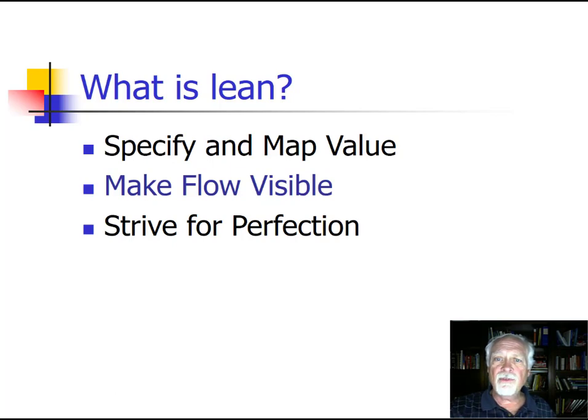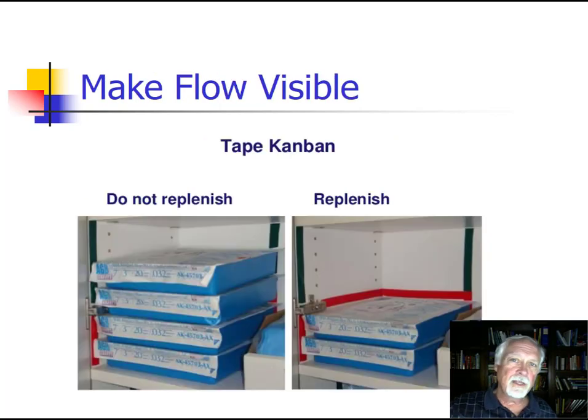Then we make the flow visible. One way that we make flow visible is with Kanbans, where we control the amount of inventory. We also control the flow. Kanban facilitates a pull system where the using process will pull supplies from the supplying process.